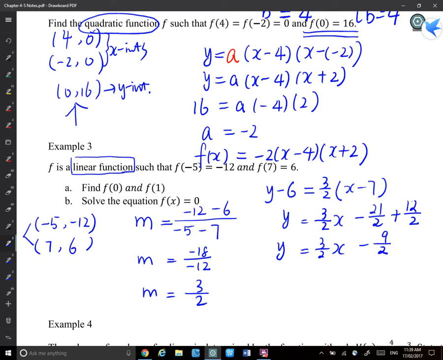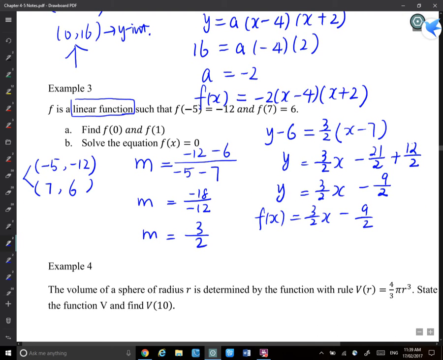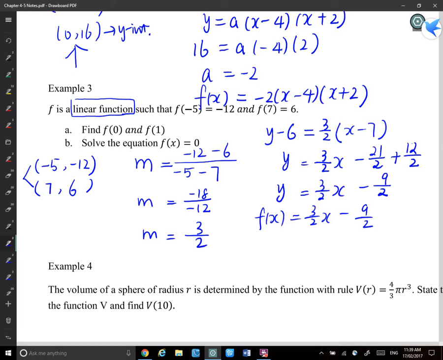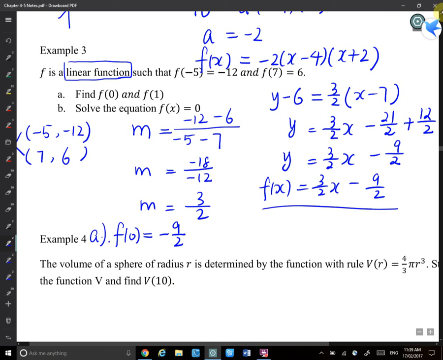Okay, so I'll write it as f(x). f(x) equals 3 over 2 x minus 9 over 2. You can change it after you find the equation of y. So that's the equation for this linear. Question A asks you to find f(0). Sub 0 in, you have -9 over 2.